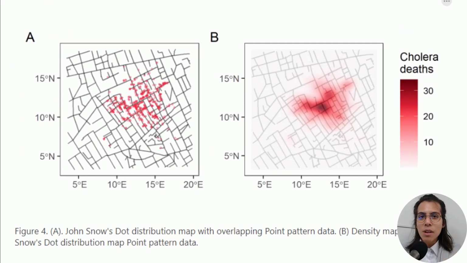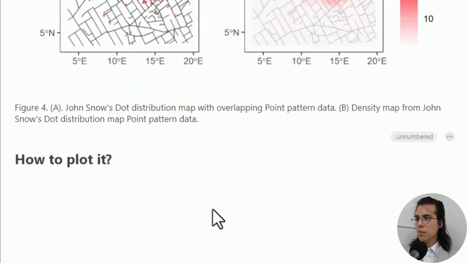So in this figure we see the John Snow dot distribution map with dots and lines as background. And on the right we see an alternative plot, a plot that contains a density map in which we can highlight the hotspot with a higher amount of cholera deaths.